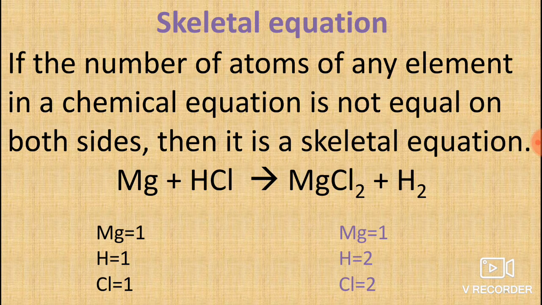Left hand side one hydrogen but right hand side two hydrogen. Left hand side one chlorine but right hand side two chlorine. So the number of atoms on the left hand side is not equal to the number on the right hand side. So this unbalanced equation is called a skeletal equation, right?